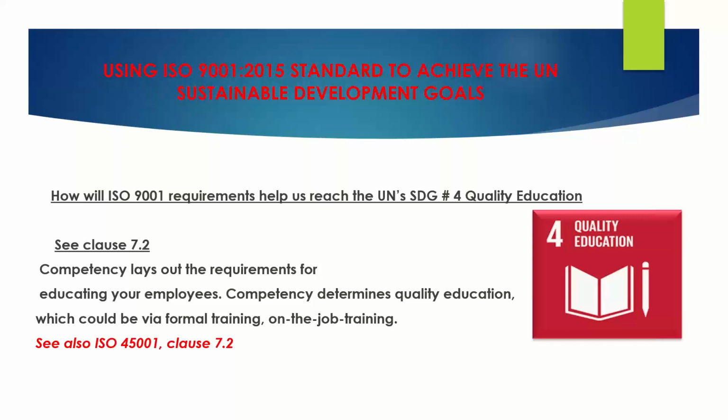7.2 actually talks about competency. Competency of what? Competency of the staff or the members of the organization. They need to be competent to carry out the operational processes or whatever activity that the organization requires from them.